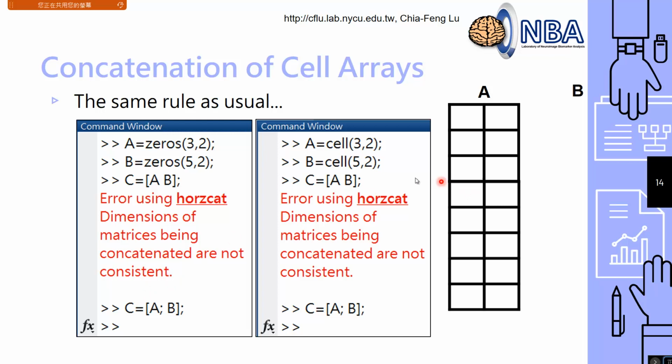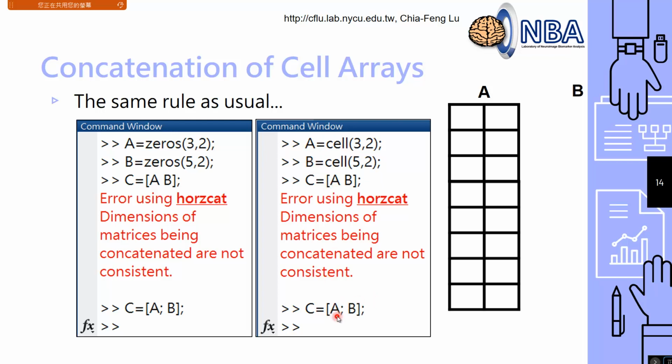Okay? And you can find out we can do pretty similar things for cell arrays, right? This is a zeros array, so this is simply the double array. But now we have already talked about how to use cell. Cell will give you an empty cell array with a specified size. So 3 by 2, 5 by 2, identical sizes right here. But the only difference is that A and B right now are cell arrays. But again, you will see identical results.